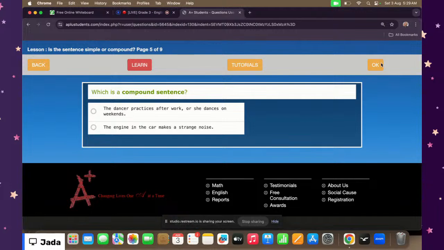The dancer practices after work, or she dances on weekends. The engine in the car makes a strange noise.